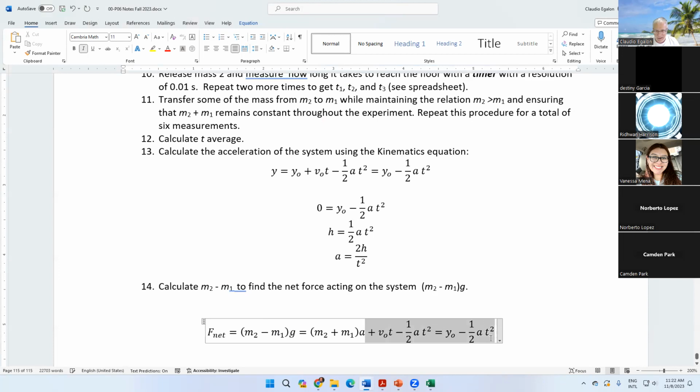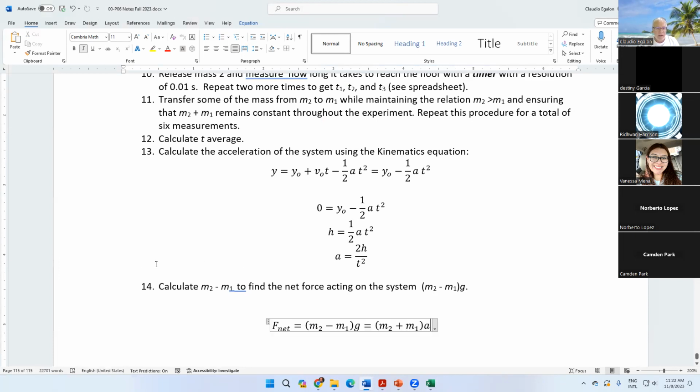We already calculated the acceleration in one way using the kinematic equation. And now we can also calculate the acceleration in another way using Newton's second law of motion.